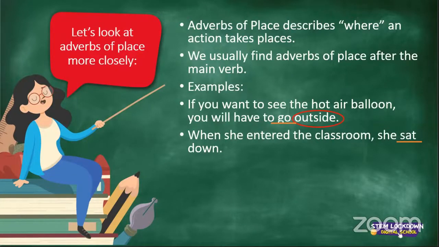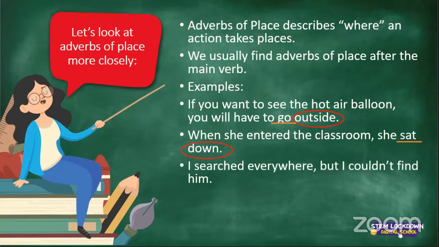If you ask, where did she sit? And you answer, she sat, and then what's the word that follows? That word that follows will be the adverb of place. And there we go, down. Good job.